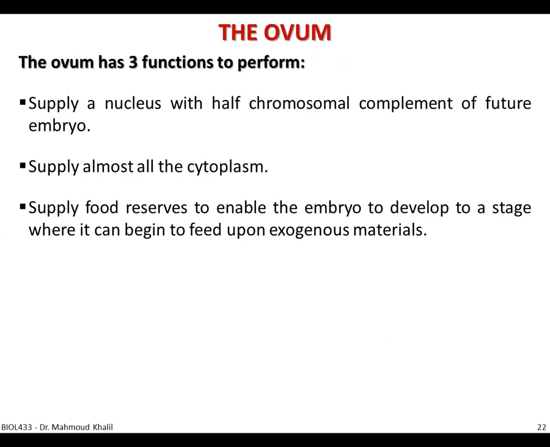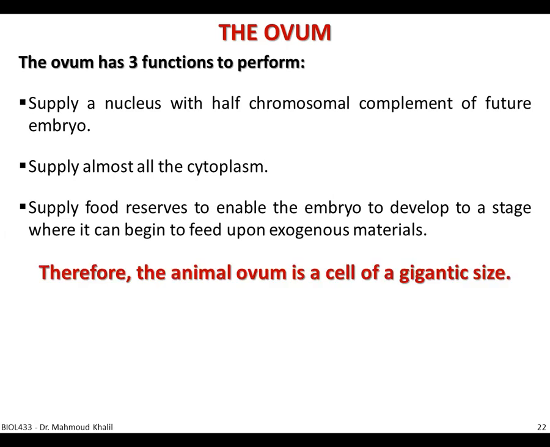The ovum has 3 major functions to perform: supply the nucleus with half the amount of chromosomes for the future embryo, supply almost all the cytoplasm, and supply the food reserve to enable the embryo to develop, because the food reserve exists inside the cytoplasm of the ovum, to a stage where it begins to feed by itself or from exogenous material.